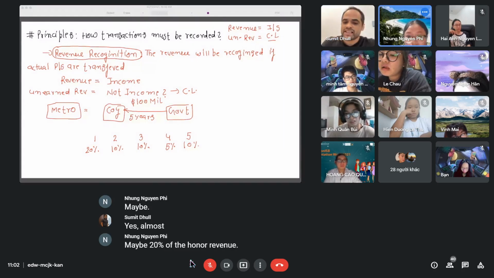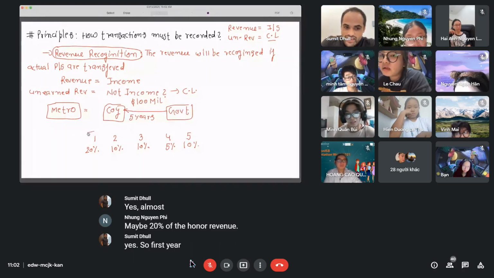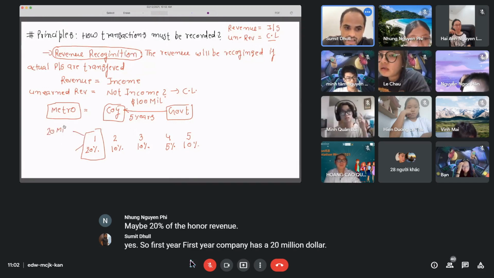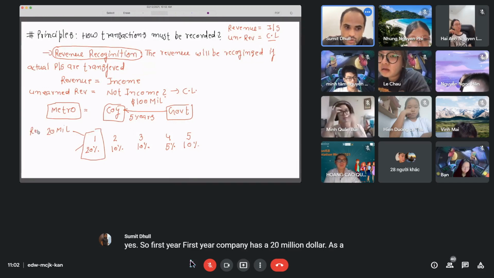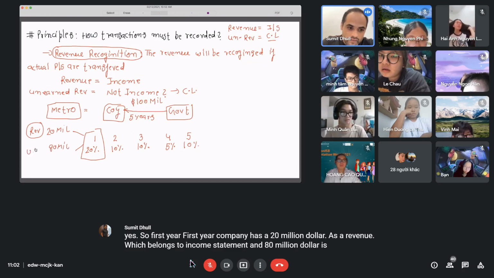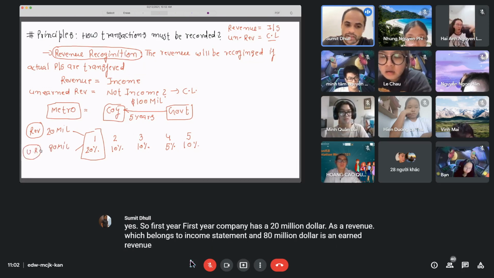Yes. So the first year, the company has $20 million as revenue, which belongs to the income statement, and $80 million is unearned revenue that belongs to current liability.